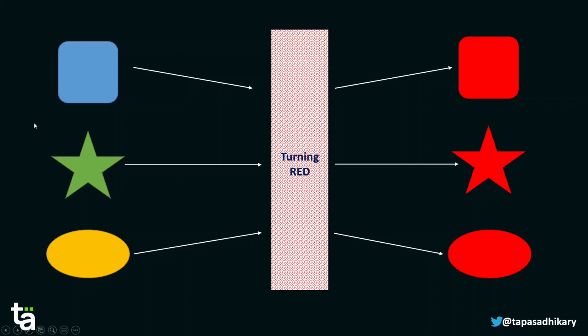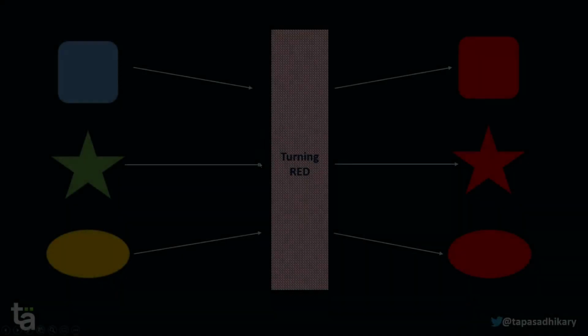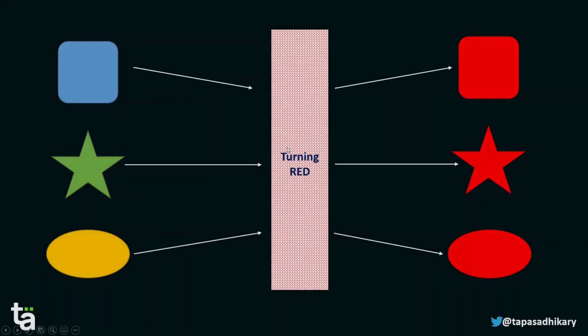Instead of that, I can take out that piece of common logic into a centralized place, and wrap our shapes with this particular logic. Then the output that we get is the one we are looking for, the color changed to red. At the same time, the logic is not coupled with each of these shapes; rather we keep it in a common place so that we can reuse it.